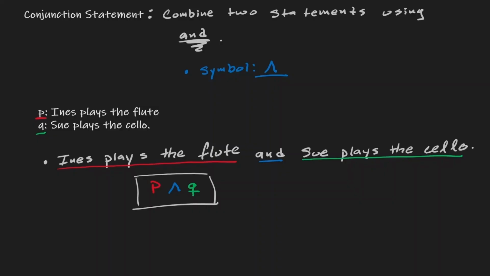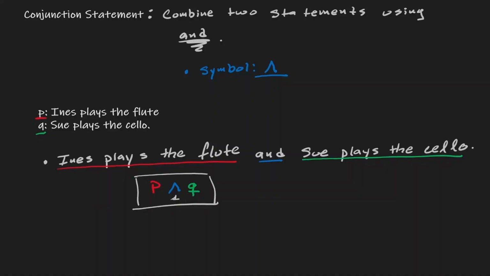Anytime that you see any kind of statement where we have this upper arrow, you have to identify what the statement on the left represents, which in this case is Inez plays the flute. And you also have to understand what the right-hand side statement represents, which in this case is Sue plays the cello.